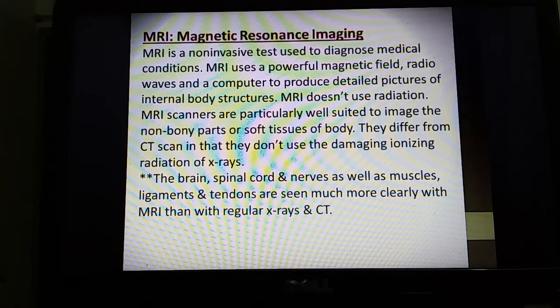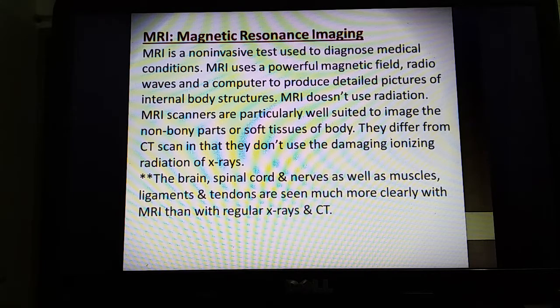Now we will try to learn about another diagnostic element, that is called MRI, magnetic resonance imaging. As the name depicts, magnetic properties are involved in this machine. MRI is a non-invasive test used to diagnose medical conditions.